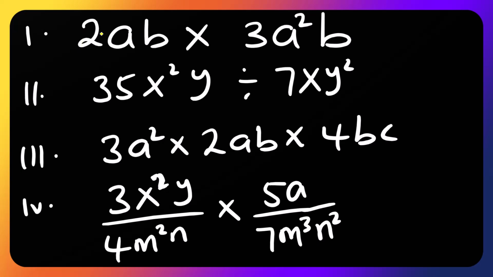We are given 2ab times 3a squared b. So we have to multiply. How do we do that? Let's be very careful here. We have 2ab times 3a squared b.